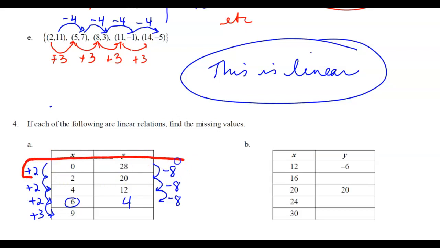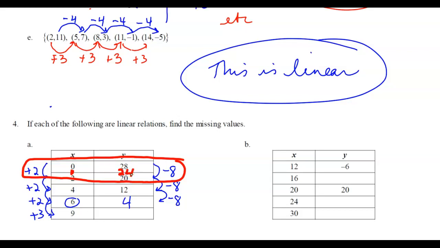So if I start at 0 and 28, and I go up by 2, I get 2 for x and 20 for y. If I were only to go up by 1, what would the value be for y? 24, halfway in between, right? So this would be 24 in here.